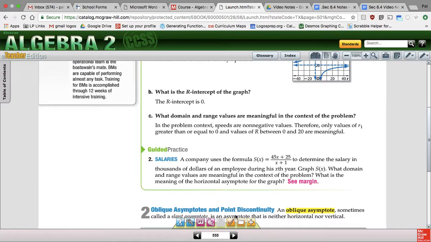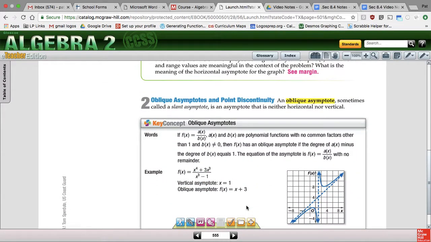So we just did vertical and horizontal. Now we're going to touch on oblique asymptotes and points of discontinuity. Oblique means slant. So basically we have a slant asymptote, which is an oblique line in the form of y equals mx plus b. So how do you know if you have an oblique asymptote?